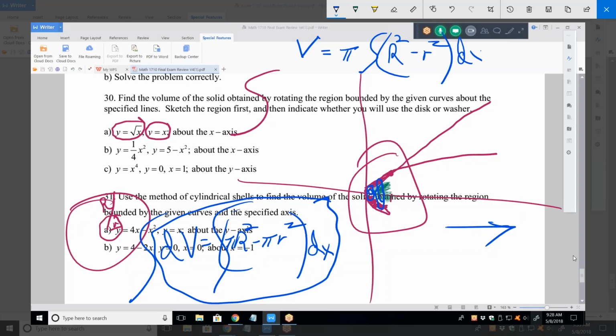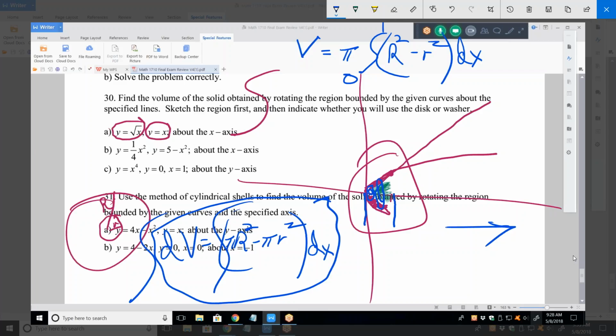What are my limits of integration? Well, I'm going to go from this point right here to that point right there, because that's where that solid ends. It goes up to 1. So I'm going to integrate from 0 to 1.